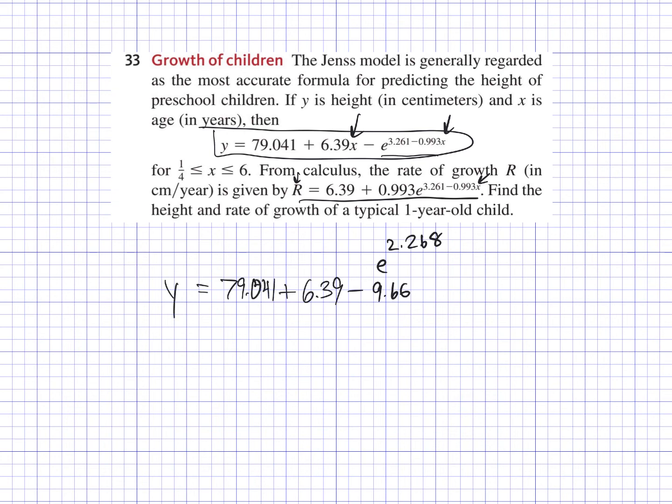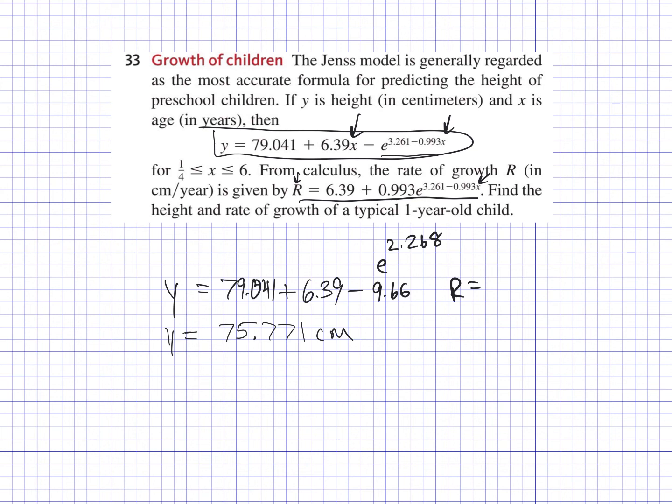So just add those together: 79.041 plus 6.39 minus 9.66 is 75.771 centimeters. So that's the typical height of a 1-year-old child. And let's go with our rate.